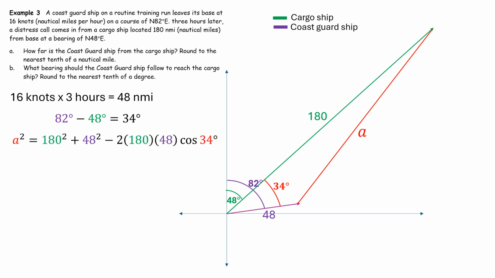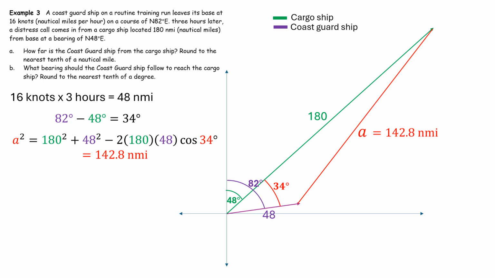So that's what we did. A squared equals 180 squared plus 48 squared, and 48 is that side of the triangle, not that angle 48, minus 2 times 180 times 48 times the cosine of 34. So that's the angle opposite to A. And if we do all that out, we get 142.8 nautical miles, and we did that in class. So that's the answer to part A.